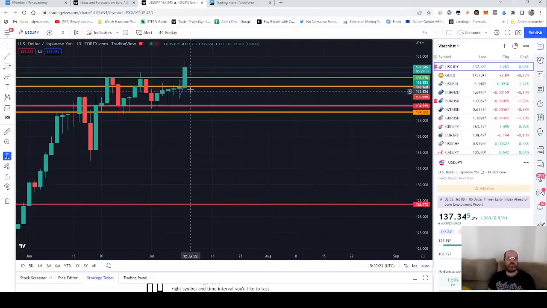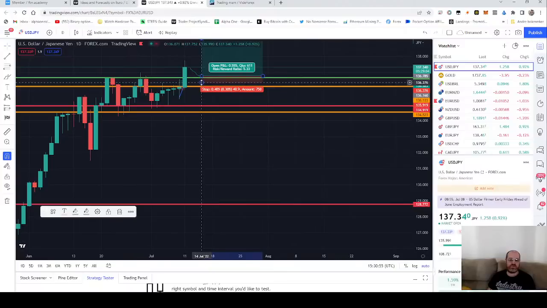So what we want to see is that we close above here, and that we keep above it, and maybe get a retest on this that is now support. So if we can retest here, then on the daily we can take a long position close to around this region here, and take a tight stop loss like this.